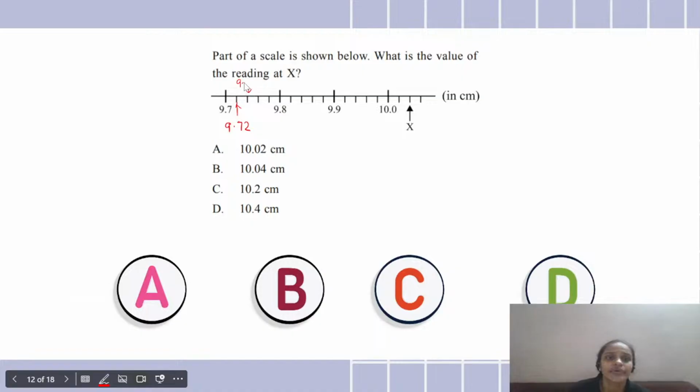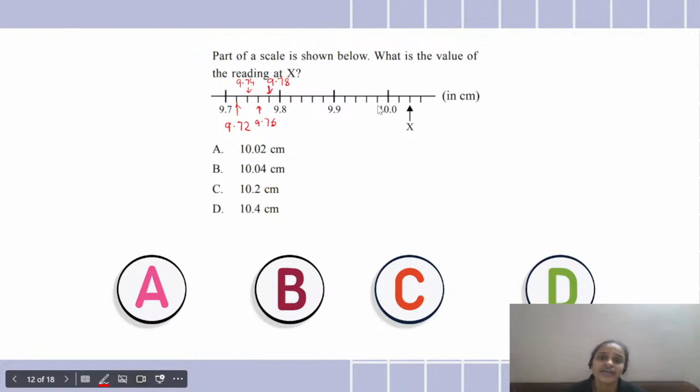So this is 9.74. This is again 9.76, and this is 9.78. So everywhere I am adding two points each. Same way in the other parts also it will come.